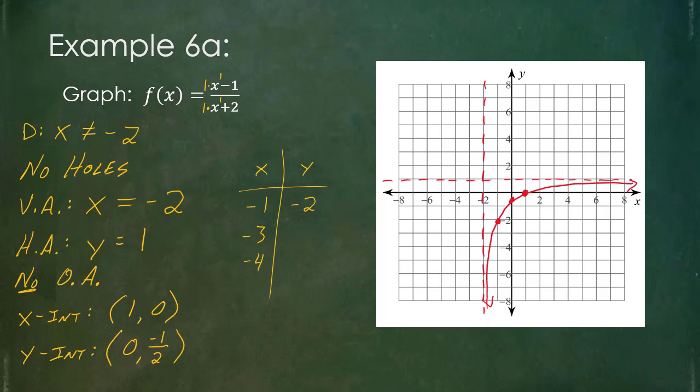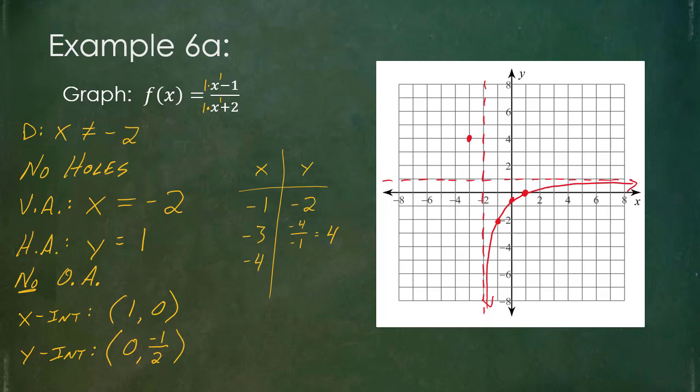So my only question mark really is what's happening on the left side of that vertical asymptote, and that's where the -3 and -4, when I plug them in, are going to be helpful. So if I plug in -3 on top, that would turn into a -4 over -3 plus 2, that would be a -1. -4 over -1 would be not -4, but +4. So I should be able to plot that point at (-3, +4), so it seems like it's going to be up here.